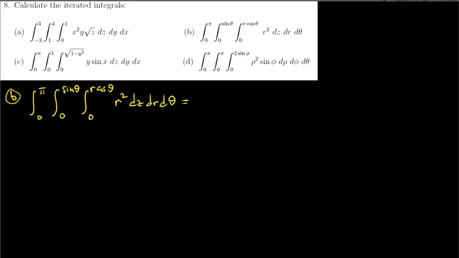Yeah, so the first integral is just with respect to z. So you integrate z and you just get the r cosine theta, right? So you're going to get r cubed cosine theta, dr d theta. And then to do the inside integral here, with respect to r, you're going to get 1/4 r to the 4th.